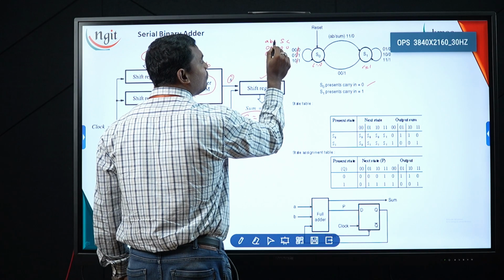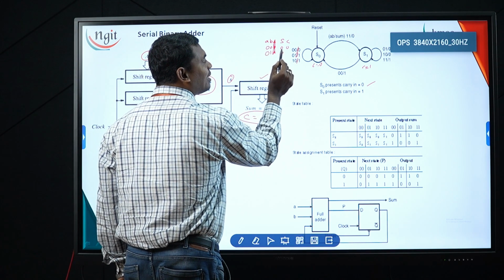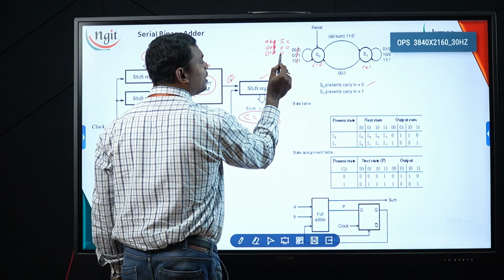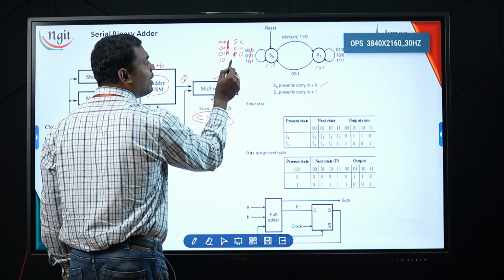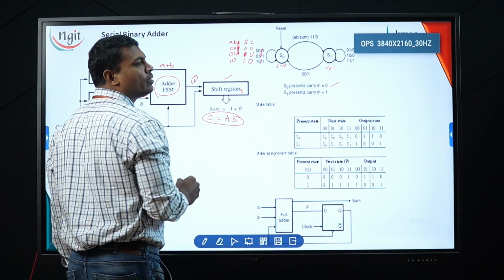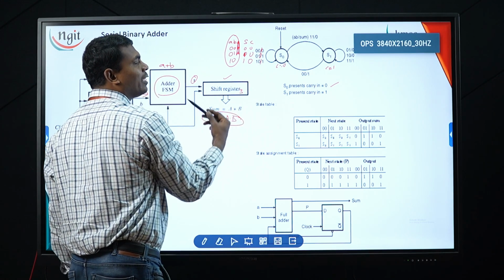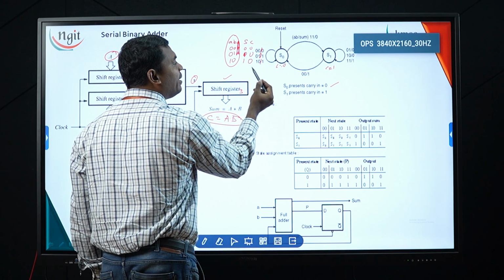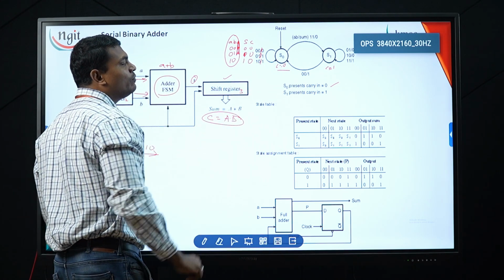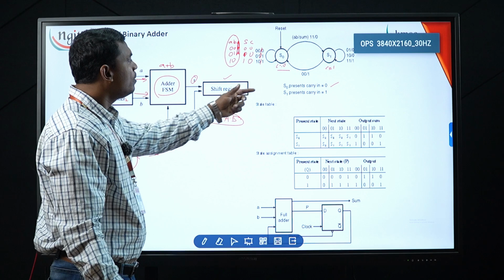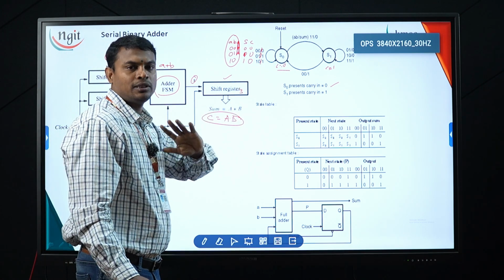Now for the sake of time I am removing this C value. So 0 0 gives sum 0, carry 0. For 0 1 sum is 1 and carry is 0. For 1 0 sum value is 1, carry value is 0 here. So for all these three cases, 0 0, 0 1, 1 0, my carry remains 0 and my sum value is 0 1 1. So for carry 0 you got the answer why it remains in the S0 state here.